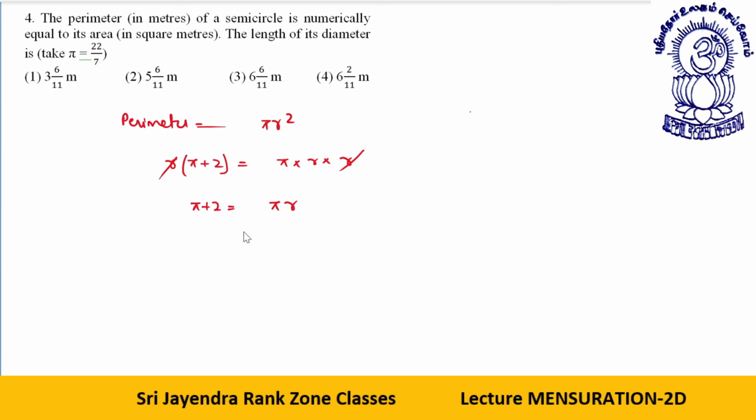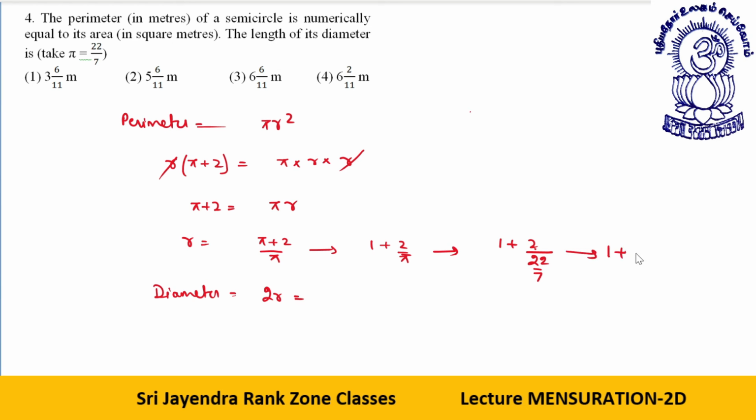So far clear? Fine. Now, what is r? R is pi plus 2 upon pi, or I can say this is equal to 1 plus 2 by pi. This is r. The length of the diameter, so the diameter will be 2r. Let me simplify this first. This is 1 plus 2 into 7 by 22.